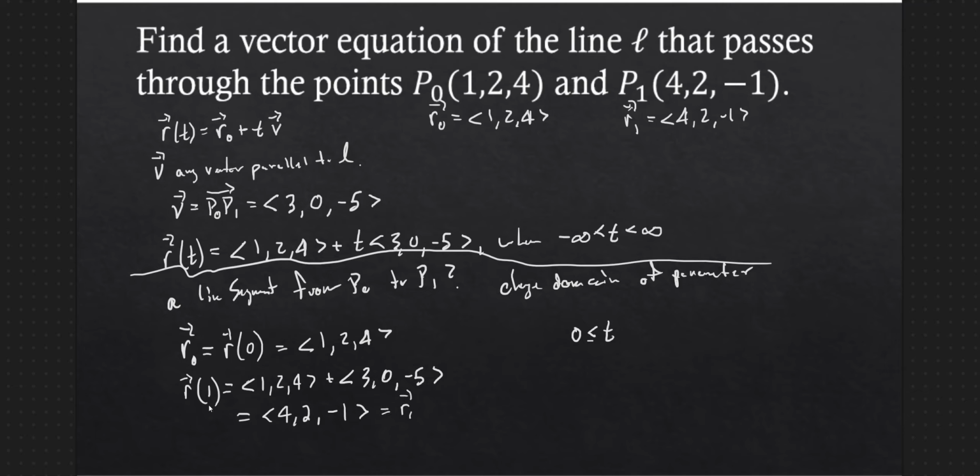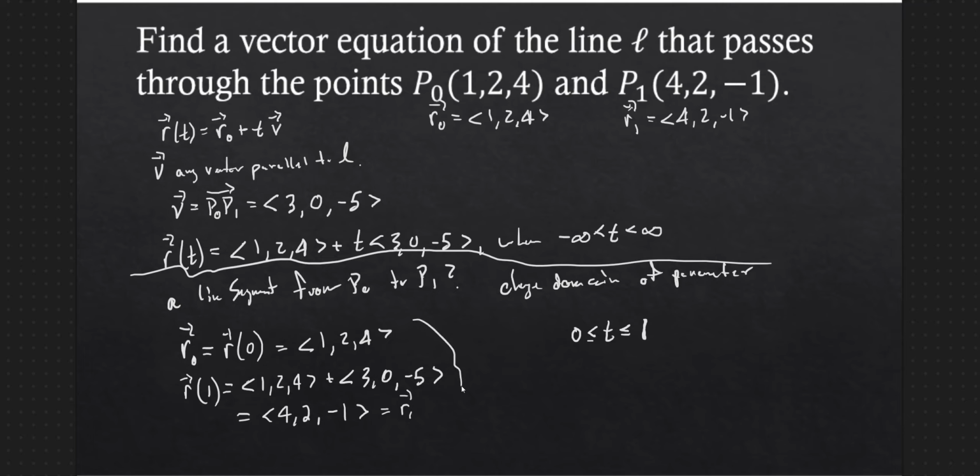So that means when t is 1, my vector R points at P1. So if I want to start at P0 and end at P1, I should end my parameter at 1. So t between 0 and 1 with this equation.